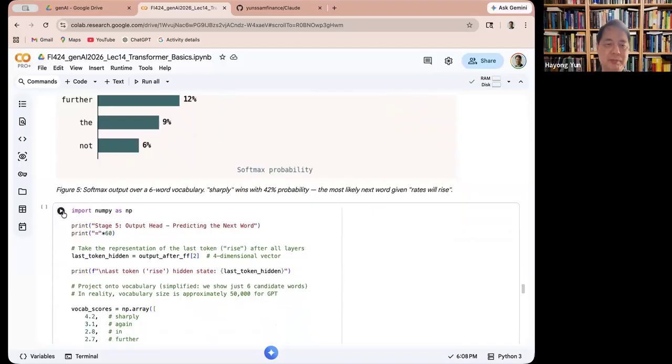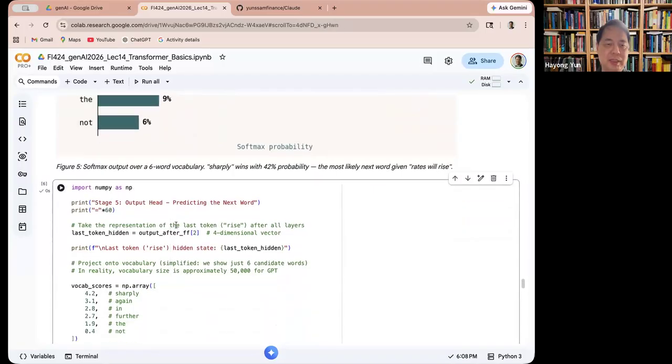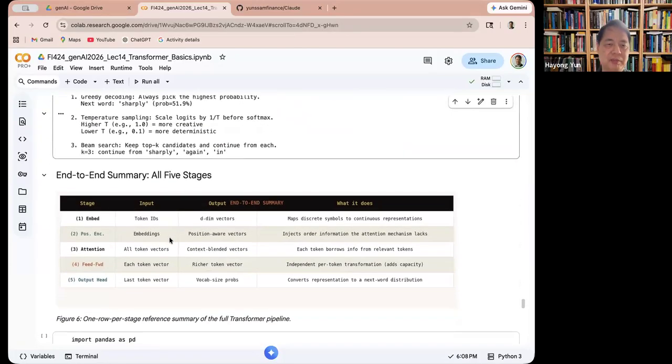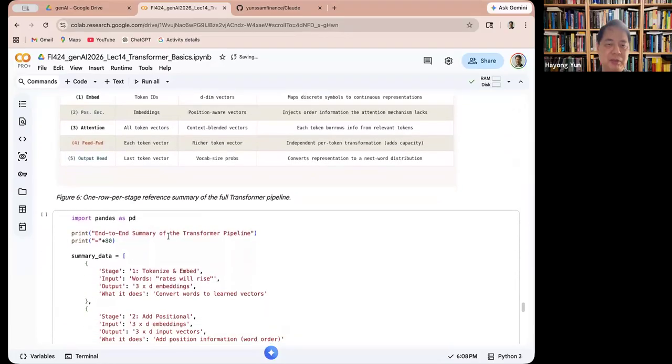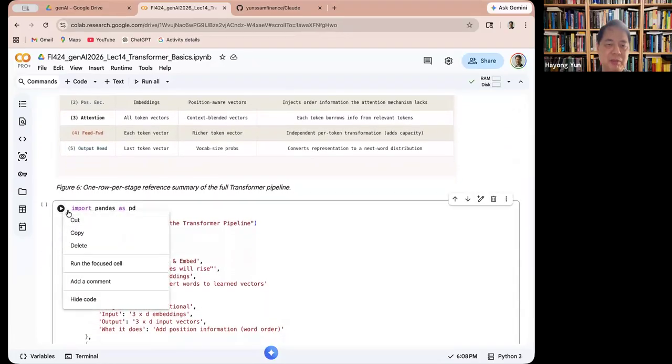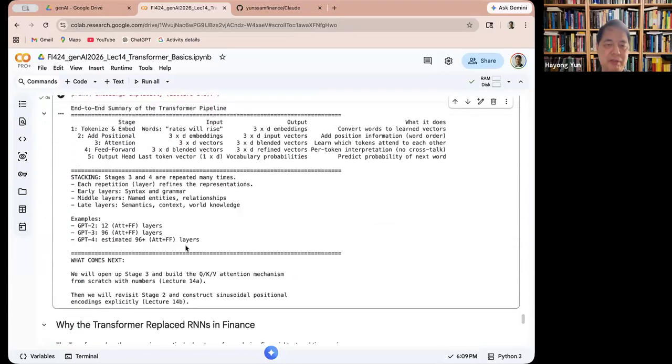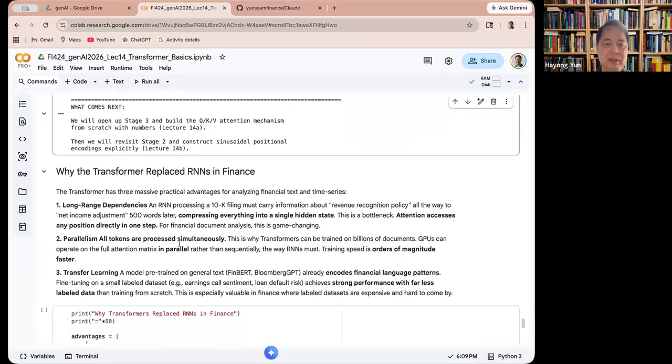Encoded, it will look like this. Sharply is the highest one. So this is the summary: from the encoding to the output softmax, to have everything coming out.